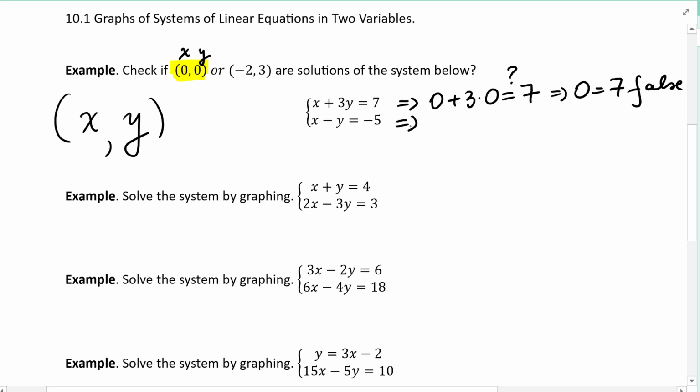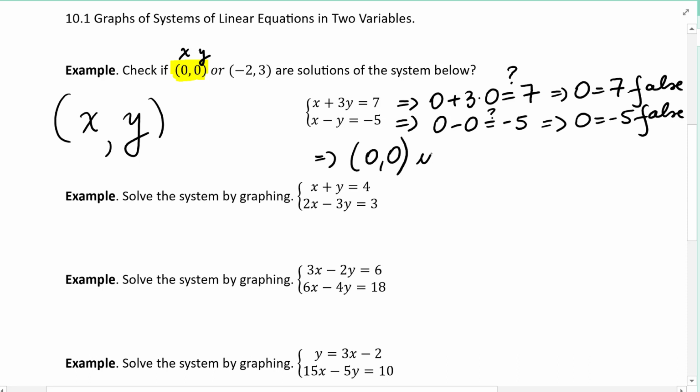But I'm going to check the second equation as well, even though it does not matter. So 0 minus 0 equals negative 5. Well, 0 equals negative 5. That's false as well. So the conclusion is the pair 0, 0 is not a solution of the system.